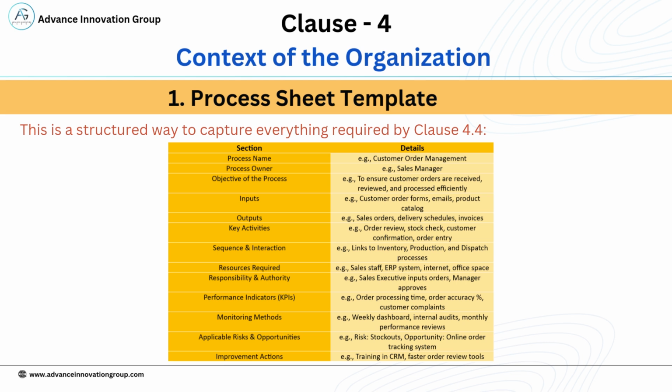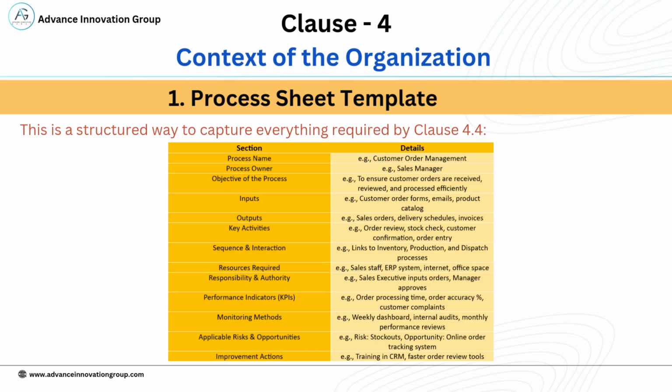Inputs, e.g., customer order forms, emails, product catalog. Outputs, e.g., sales orders, delivery schedules, invoices. Key activities, e.g., order review, stock check, customer confirmation, order entry. Sequence and interaction, e.g., links to inventory, production, and dispatch processes.